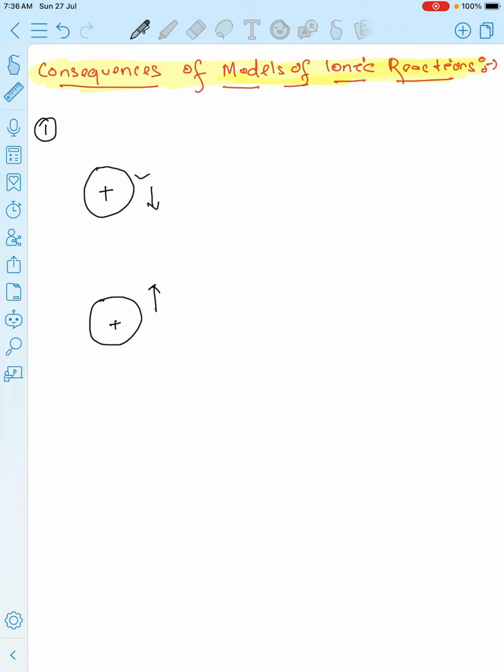A ion is having a positive charge. B ion is also having a positive charge. So what will happen? As these ions will obviously be present in a solution phase, that means these ions will be associated with solvent molecules. So here the charge is unit 1.